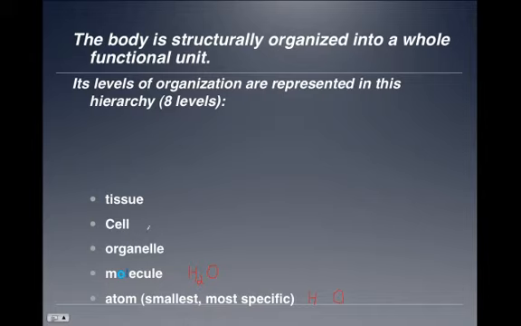So again, tissues are just when we have a group of specialized cells that are working together for a common function. And then we can take different tissue layers, and when those different tissue layers are again all working together for a common function, they can make up an organ.